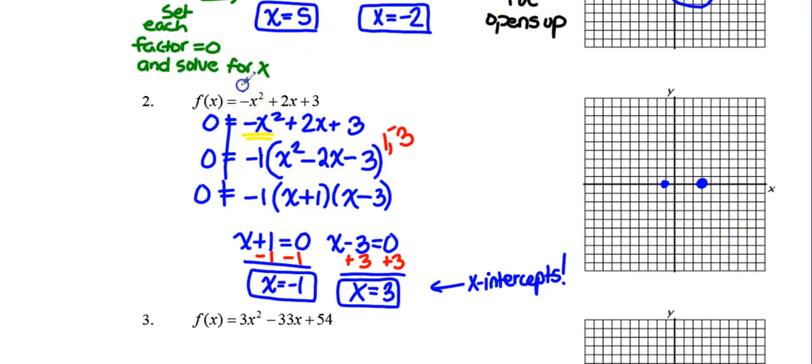Well, looking here, I see that A equals negative 1. Is that greater than 0 or less than 0? Definitely less than 0. We have a negative A value, which means that this is going to open down. When A is negative, it opens down.